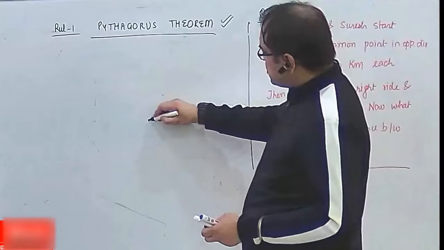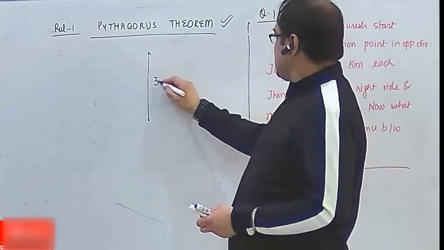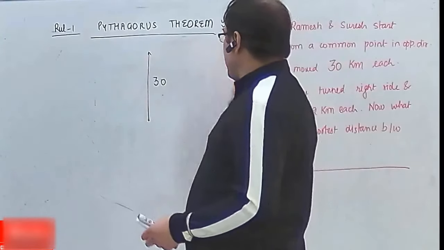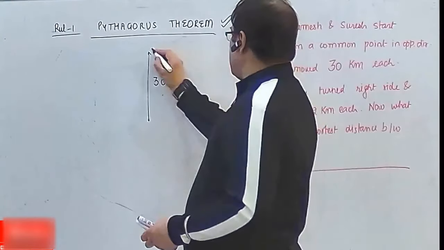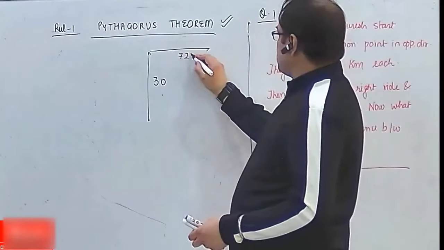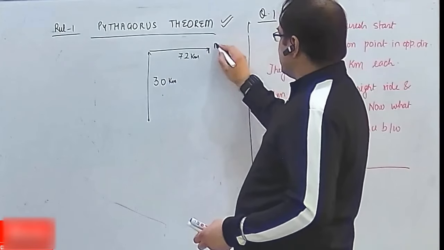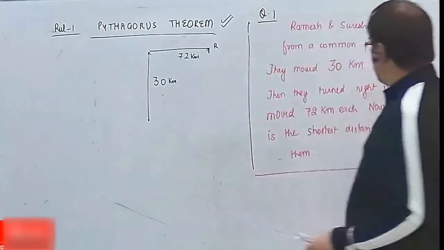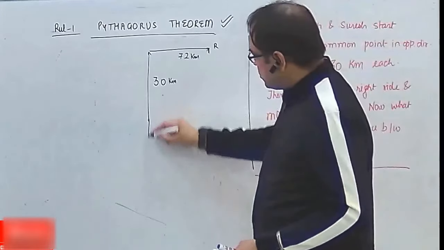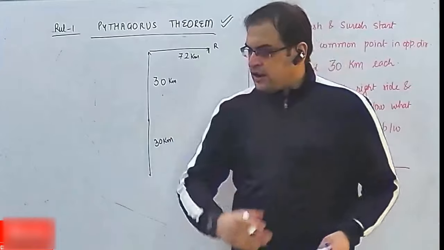Let's draw the figure first, students. First, Ramesh goes north 30, then he turns right. Right side of north is basically east. He goes here and moves 72 kilometers. So Ramesh is here now. And Suresh goes in the opposite direction, that is south, moves 30 kilometers, then turns right.